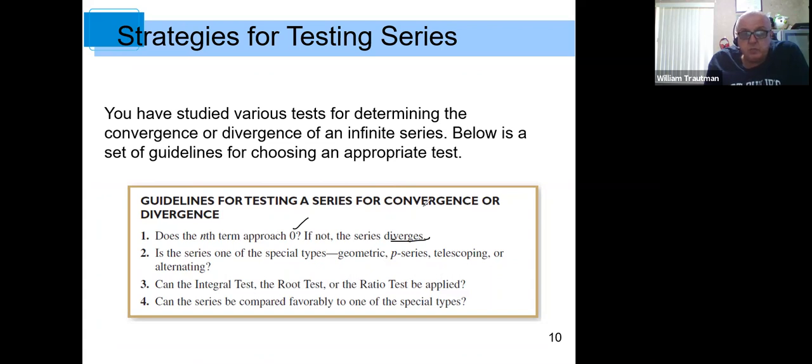Is the series one of those special types? And we've looked at these: geometric, p-series, telescoping, or alternating, and the different ways they converge or diverge. Then we looked at the integral test, in one of the previous sections. We've looked at the root test and the ratio test.